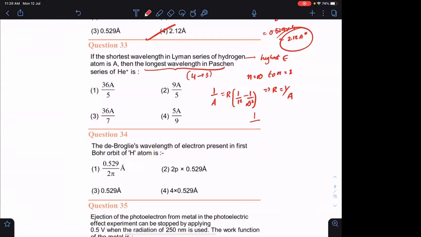No. So 1 by lambda is equal to, R ke place mein you can substitute 1 upon A, into 1 by 3 square minus 1 by 4 square. And this is in helium positive. Helium positive matlab you need to multiply that by 4. Agreed? So lambda is equal to, is the answer 36A upon 7?